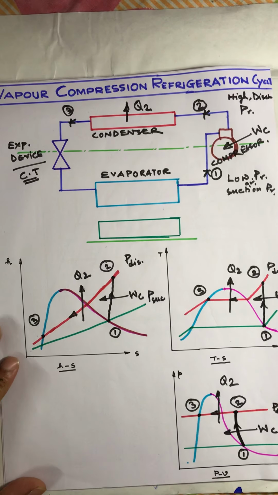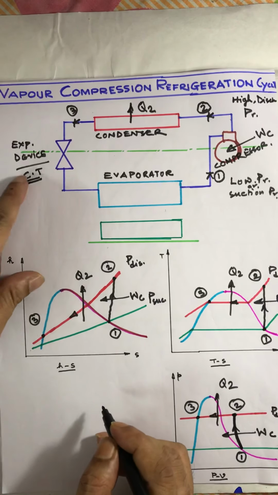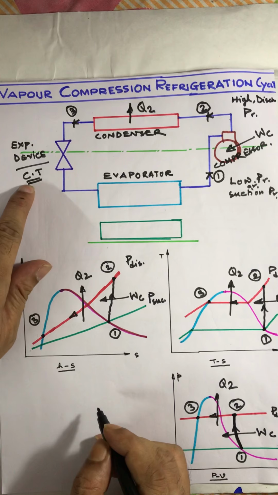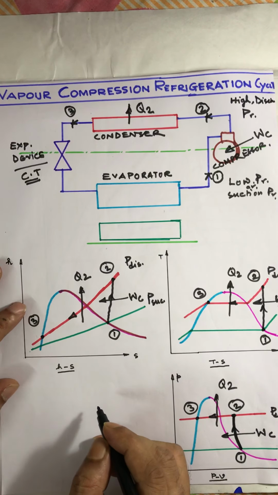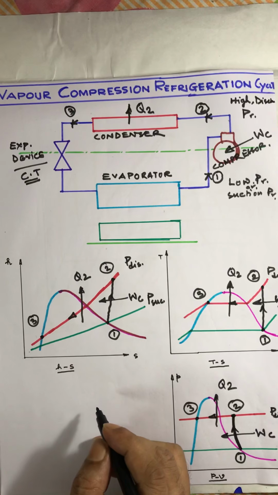After that, the fluid passes through the capillary tube, which is nothing but an expansion device, where the pressure will drop and temperature will drop, but enthalpy remains constant, as we know from the working principle of the capillary tube.